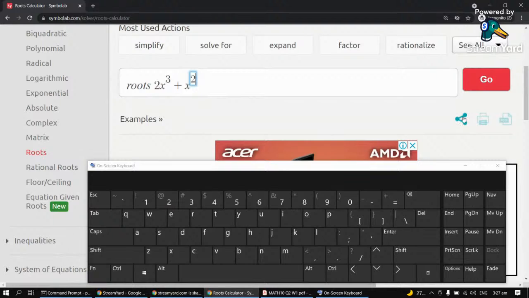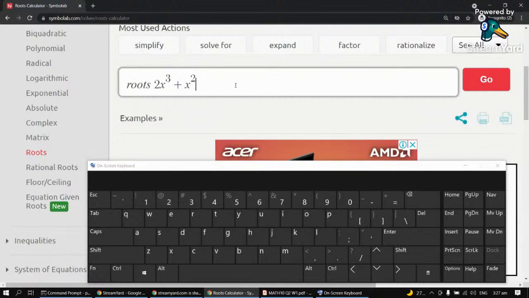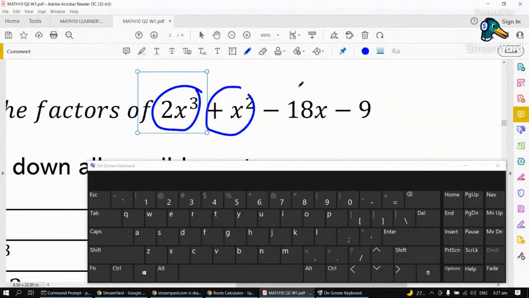Okay. Then, click tayo sa labas para medyo mag-reset siya ng konti. And then, balikan natin. Ano pa ba? So, pagkatapos nun is negative 18x naman. Negative 18x.